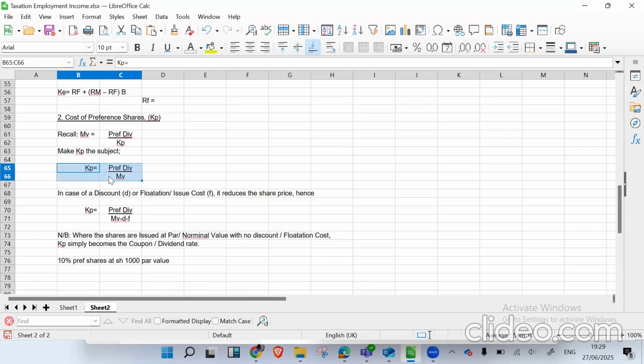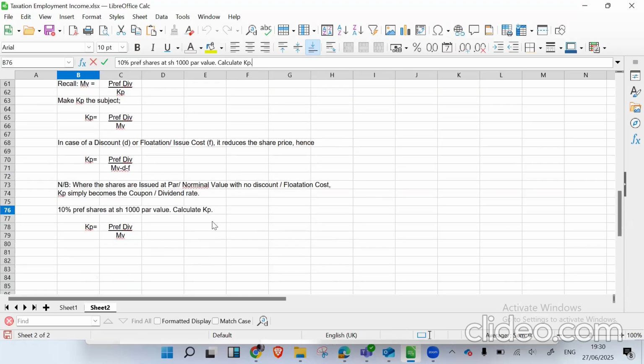When you apply your formula in calculating the KP, so hapo wanataka, you are required to calculate KP. So there's no discount, there's no flotation cost. So our KP would be preference dividends over the market value.